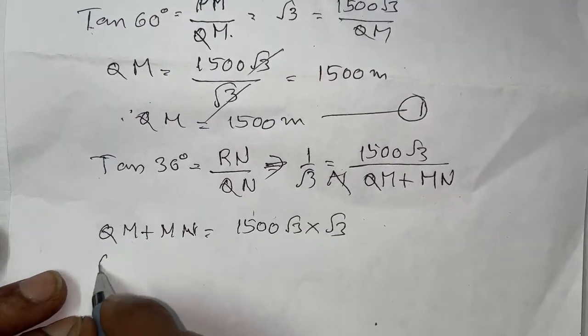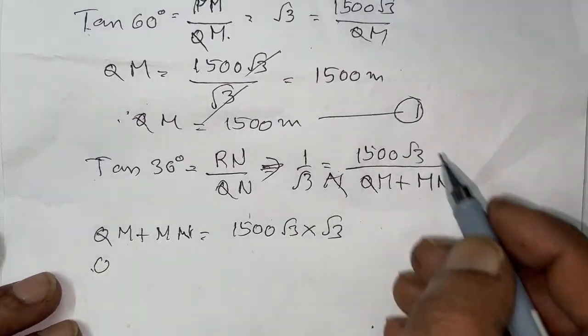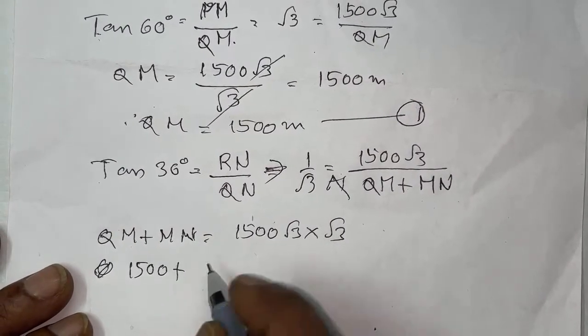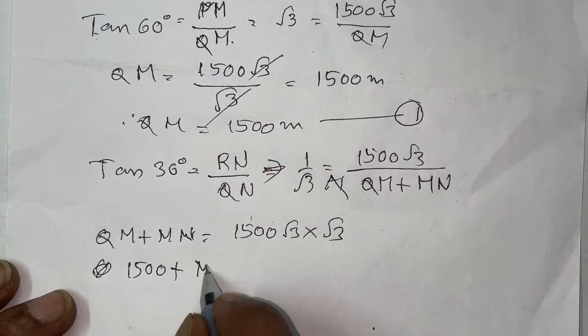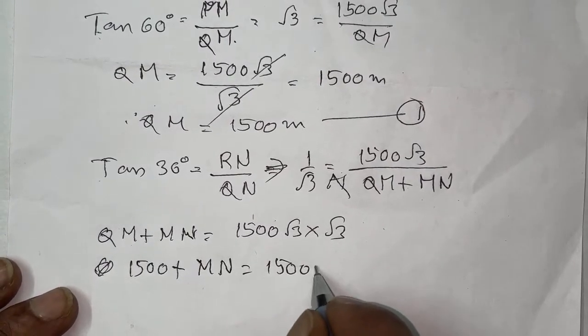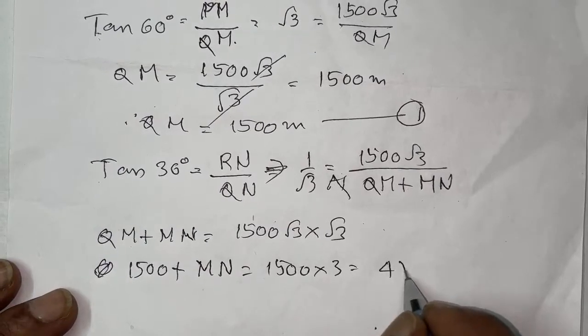QM we already know, we got 1500. So 1500 plus MN is equal to 1500 into 3, which is 4500.